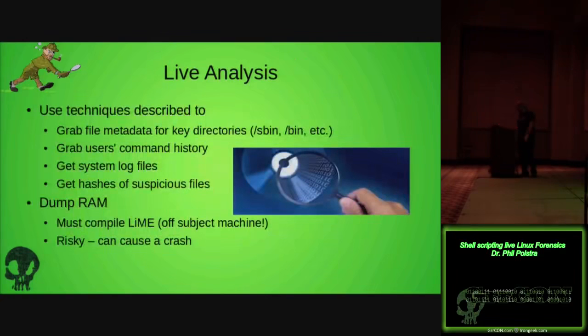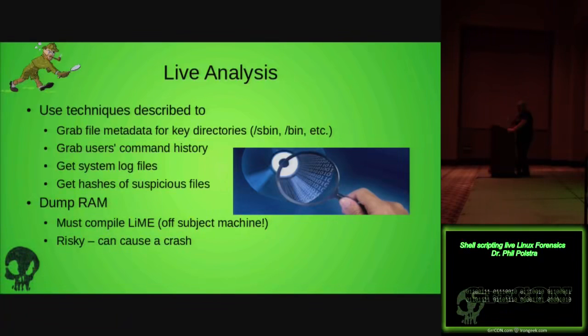So if you are doing live analysis, in some cases, you might actually skip the live analysis. You might just go straight to dead analysis. But if you do want to do live analysis, you can use these same kind of techniques. You can grab some file metadata. I have some little scripts.